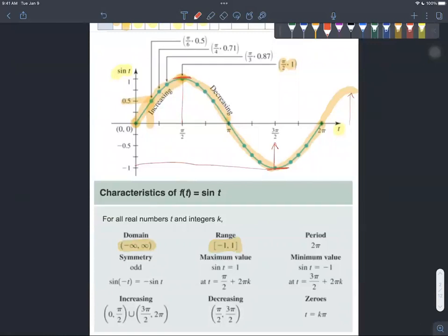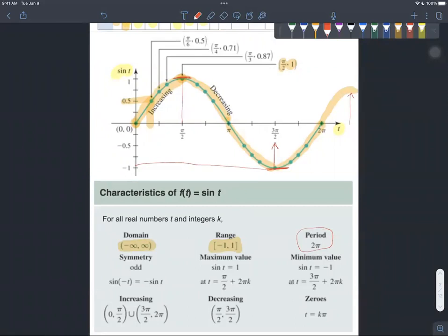So what is a period? One period is once the function starts to repeat again. And so the period is 2 pi radians. And after 2 pi, the behavior would be identical to the previous period.